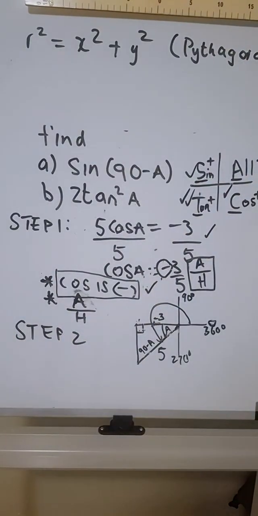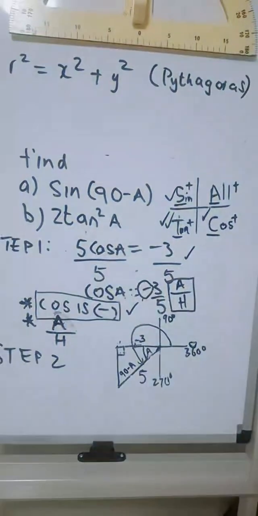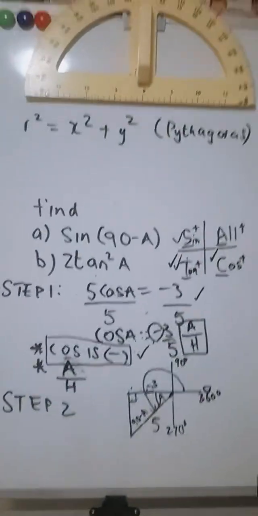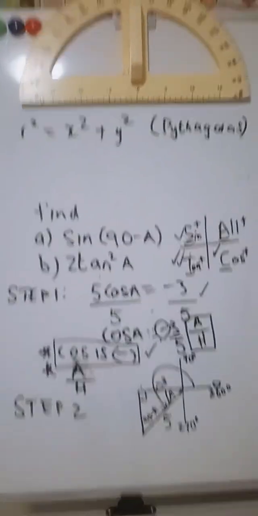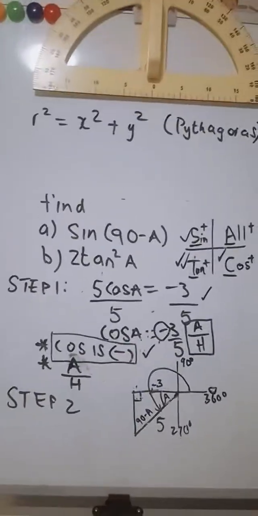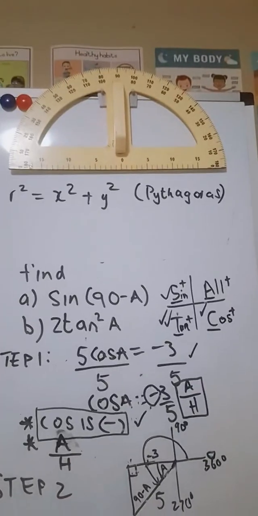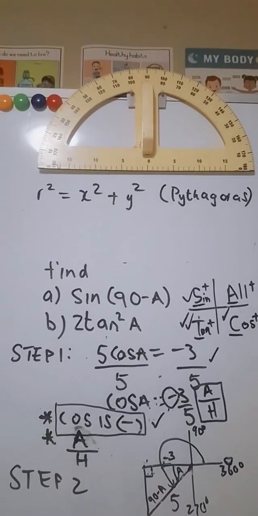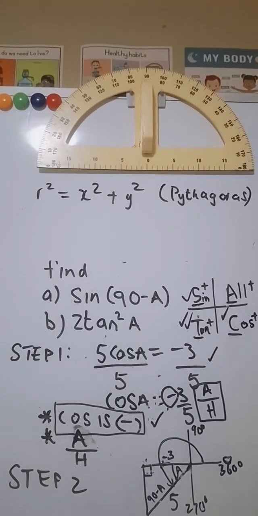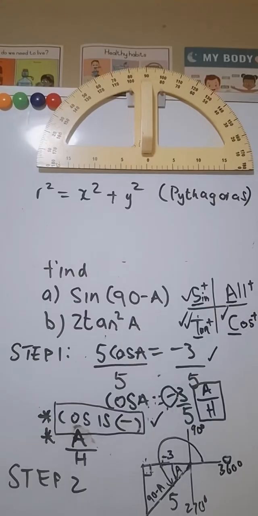So r squared is equal to x squared plus y squared.